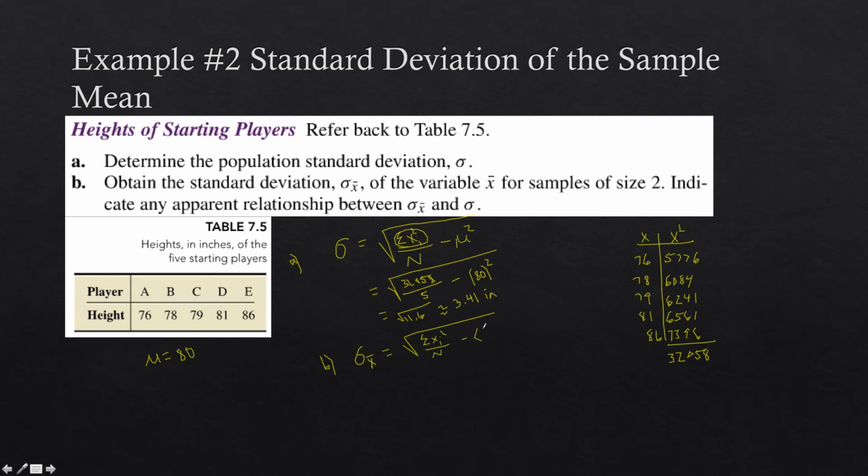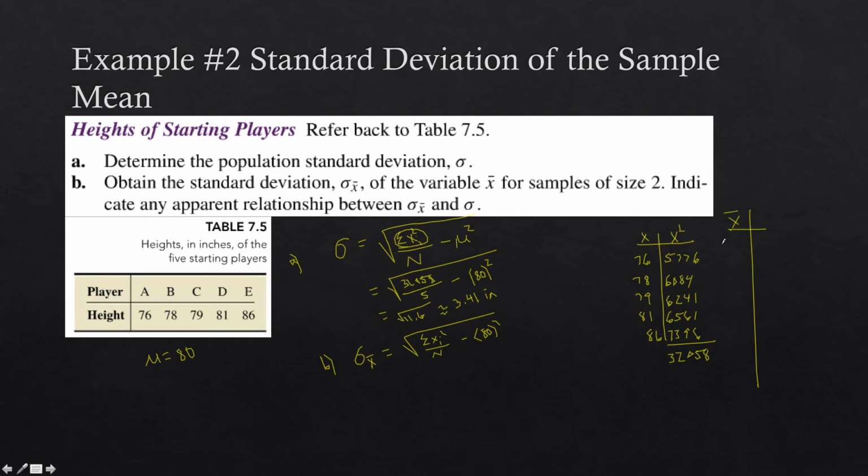And 80 will not change because that's still our population mean. The only thing that's changing is our amount of x's here. Because if you remember, size 2 is the table I drew on the last slide that had 10 values. That particular table is on page 281 of your book in the top left-hand corner.